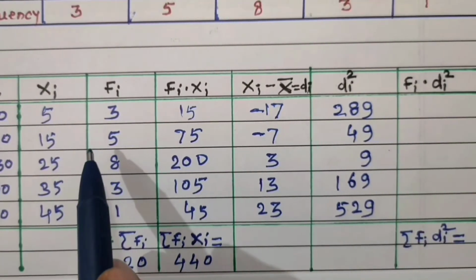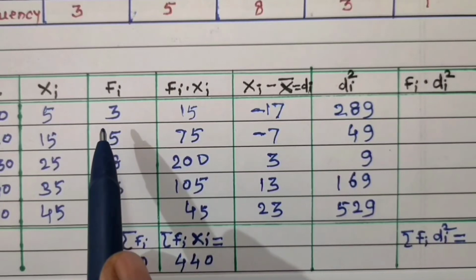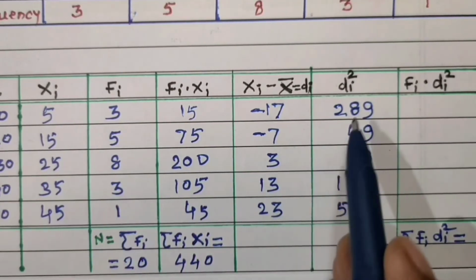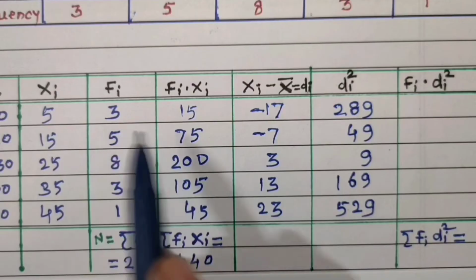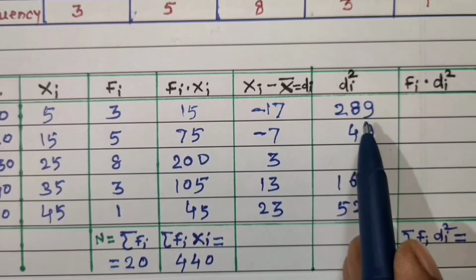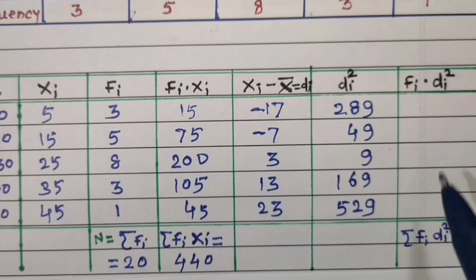Now the last column, fi into di square. So we have to take multiplication of corresponding elements from the fi column and the di square column. 3 into 289 is equal to 867.